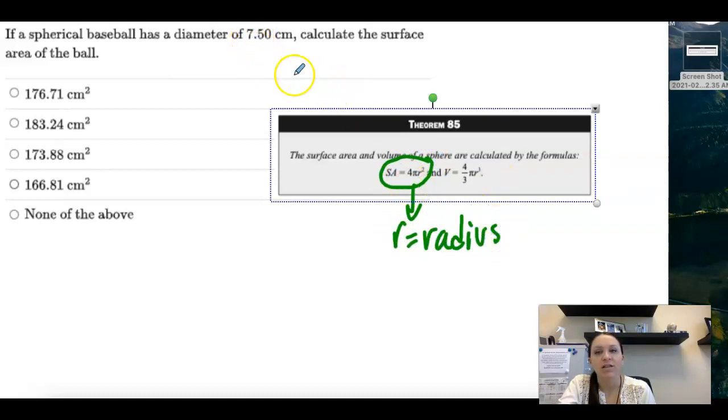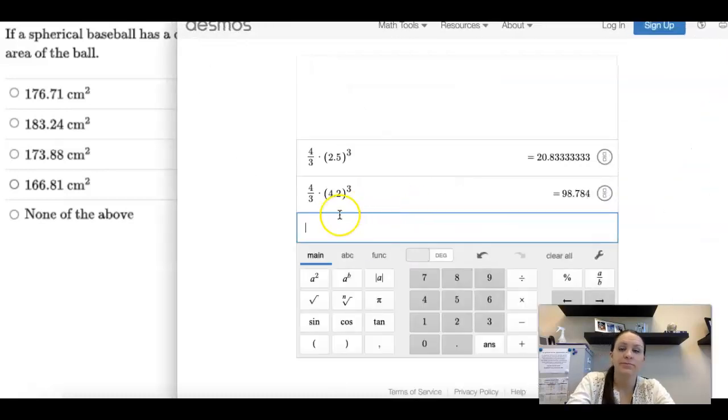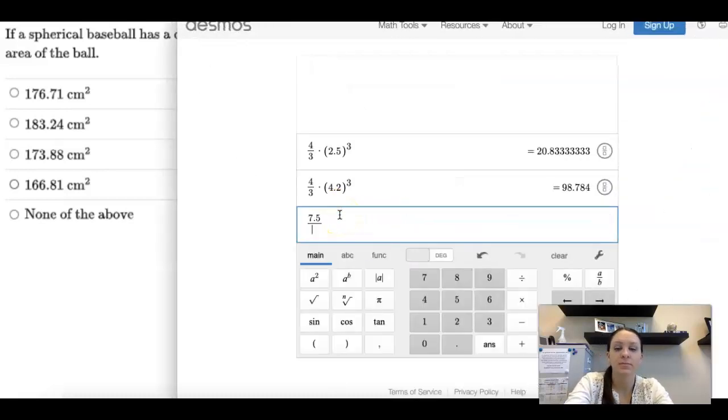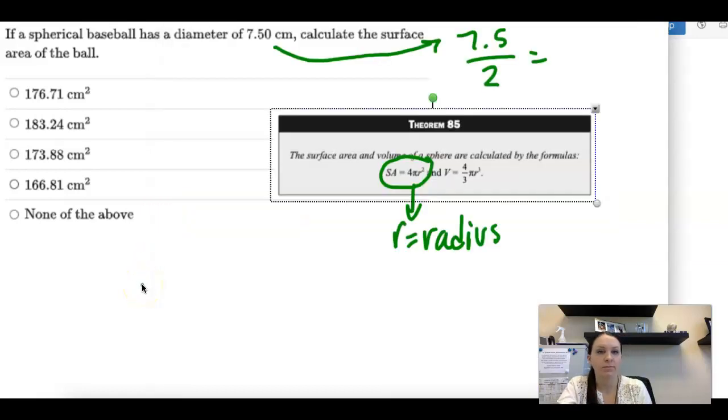So the radius is the diameter, 7.5, divided by 2, which is 3.75. So that would be the radius.